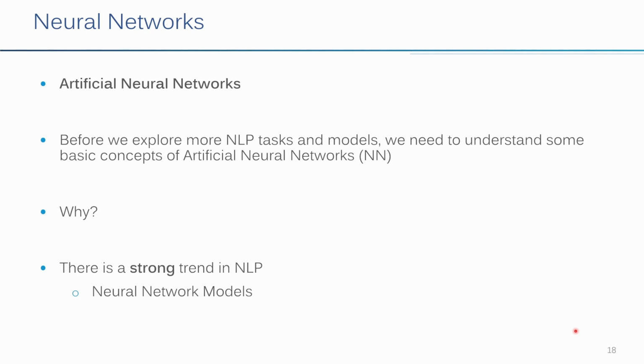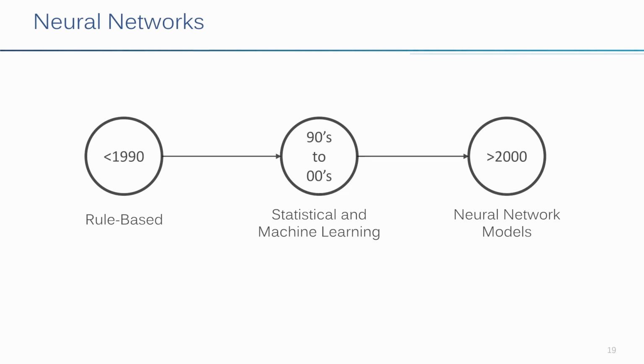But before we get into this, we should go back and take a look at how the different ages in NLP are divided. Before the 1990s, we had mostly rule-based systems.